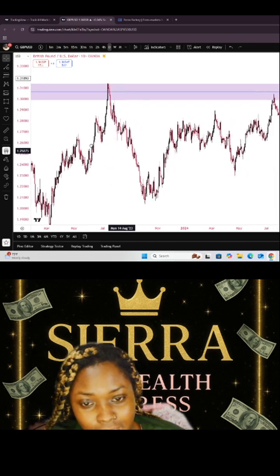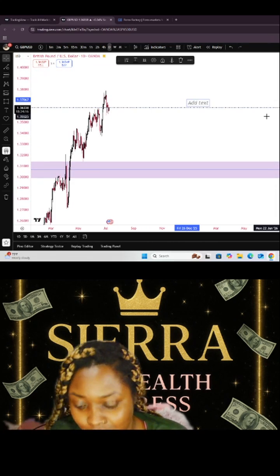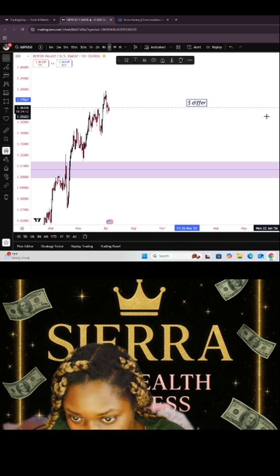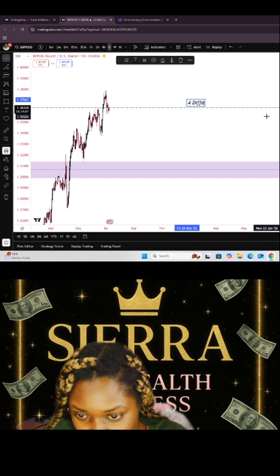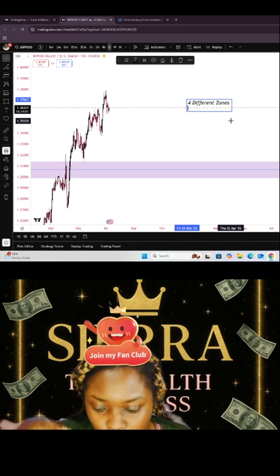All right, guys, so that's it. Y'all know y'all zones. Remember, we have 4 different zones. That's a money sign. Hold on. 4 different zones. Okay? Zones are areas of interest where we're buying or selling.